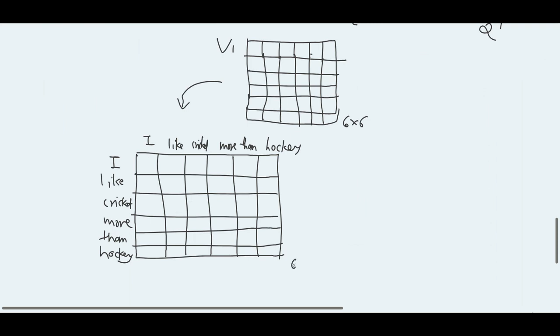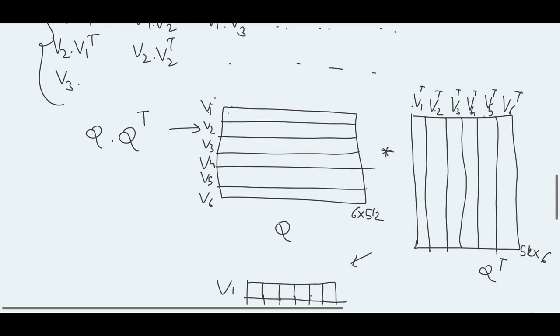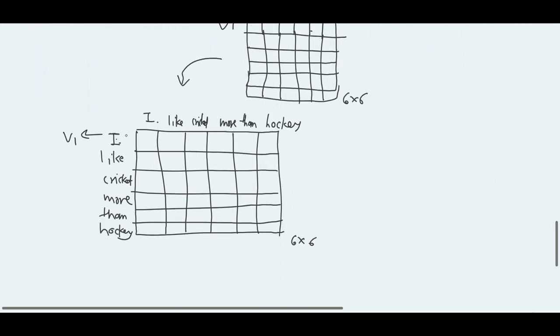This is the same 6 by 6 matrix. So what that operation meant is that you are checking the similarity of this word I, because I is represented as v1. We took v1 and performed the dot product with each of the other words, I like cricket more than hockey, all of these 6 words, and we got some scores.